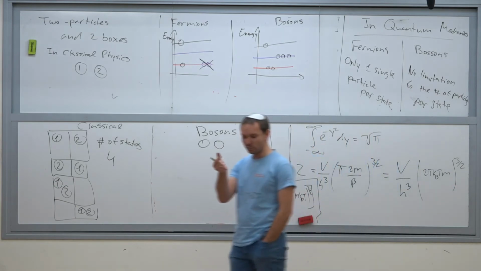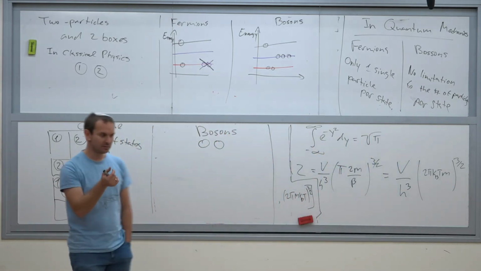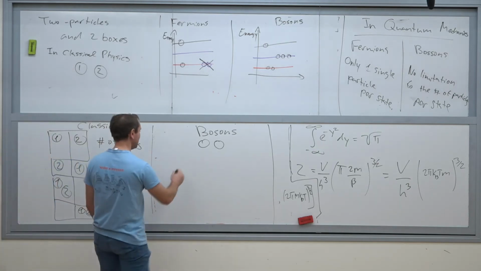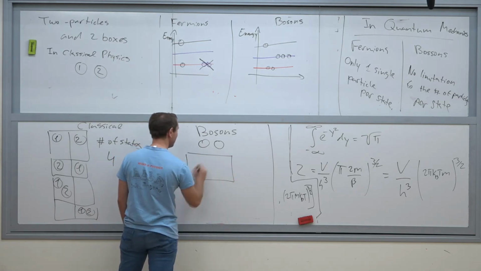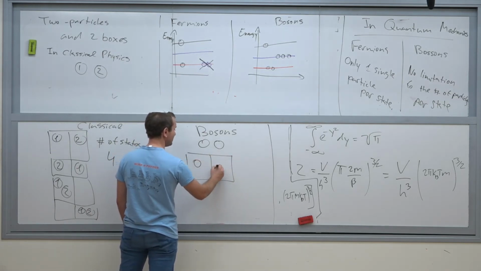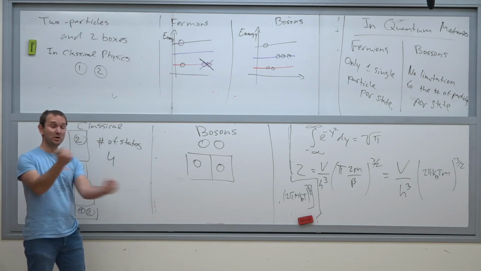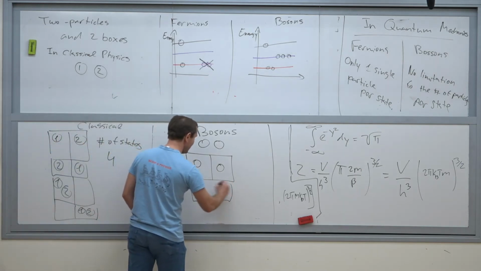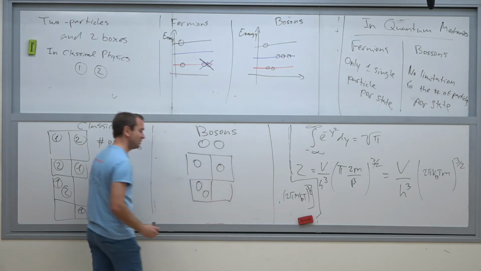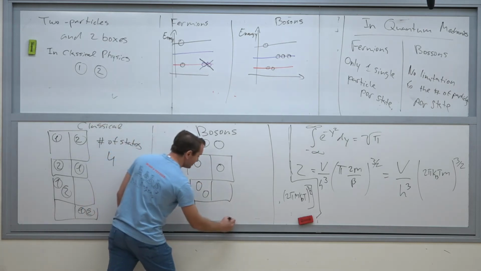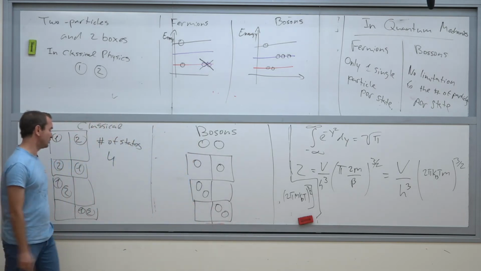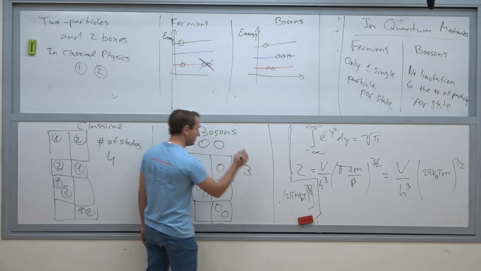I switch the two particles and the wave function stays the same, so it's the same state. I don't care about permutations. So we have two boxes, one particle over here, one particle over there. If I switch them, nothing happens. It's not a different state. I have an additional state where two particles are sitting over here, and an additional state where two particles are sitting over there. So the number of states is 3.